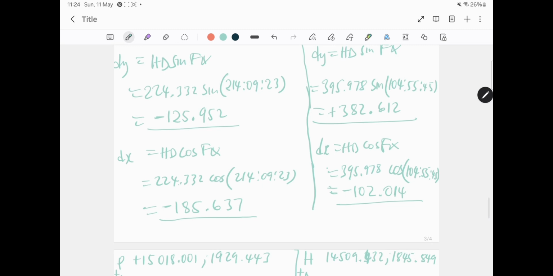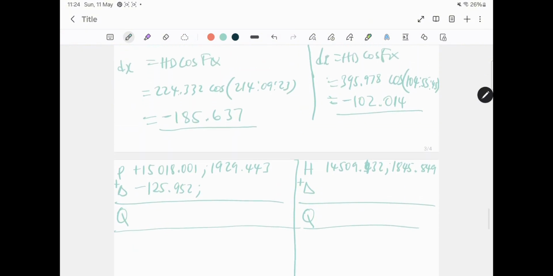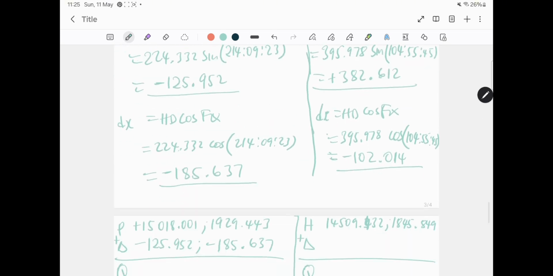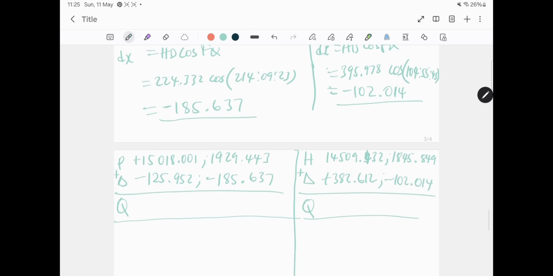From P, the Y is negative 125.952, the X negative 185.637. That side the Y is positive 382.612, the X negative 102.014. So now we punch and see what we get.